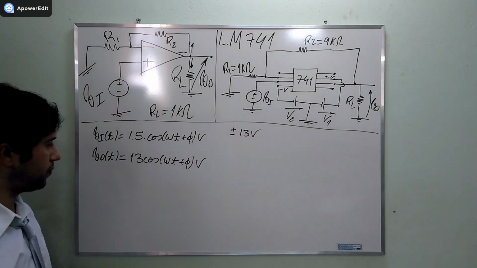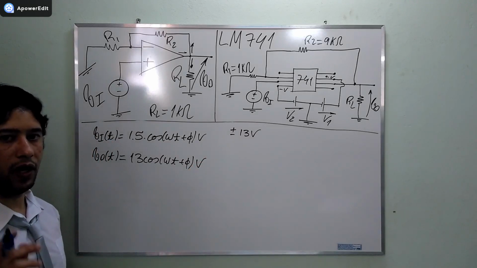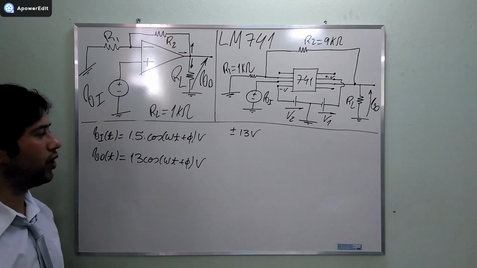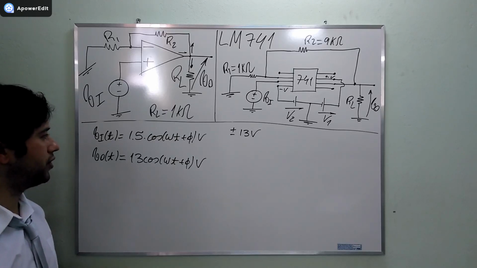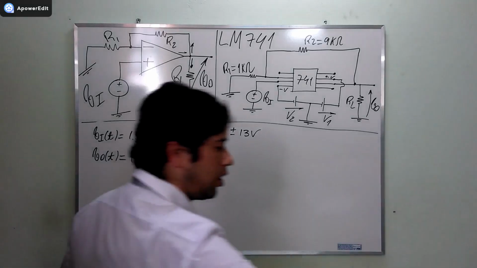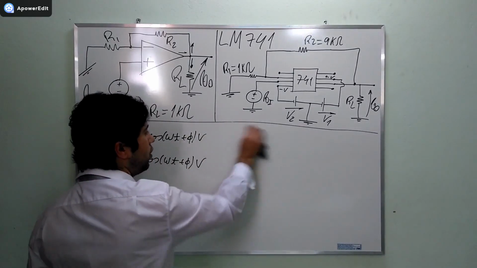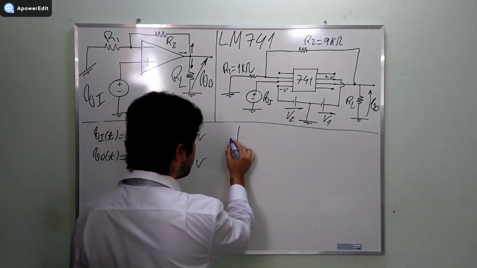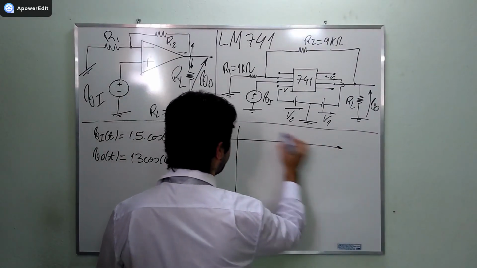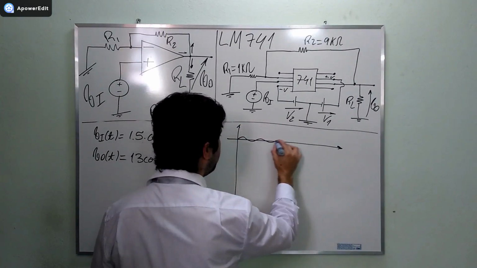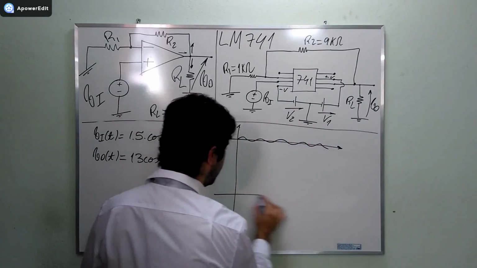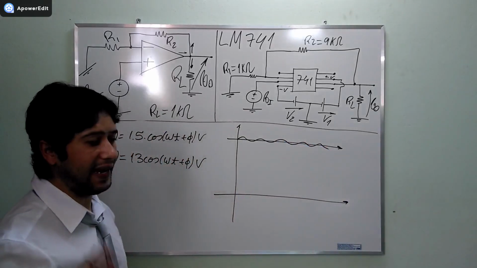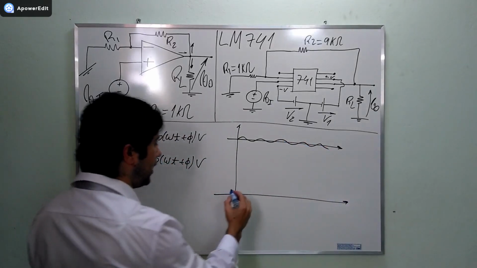What's gonna happen? A phenomenon will happen here, which is clipping. There is going to be clipping of the output voltage. There will be something of the sort. We are going to have here the input voltage and here the output voltage. The output voltage is supposed to be like this.